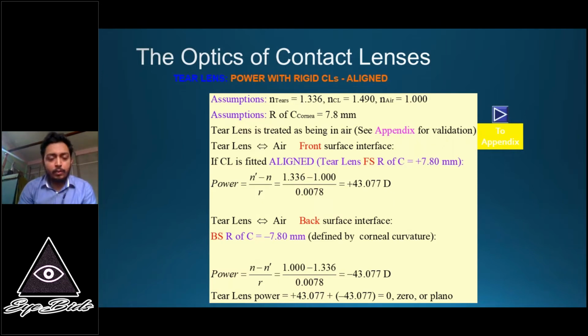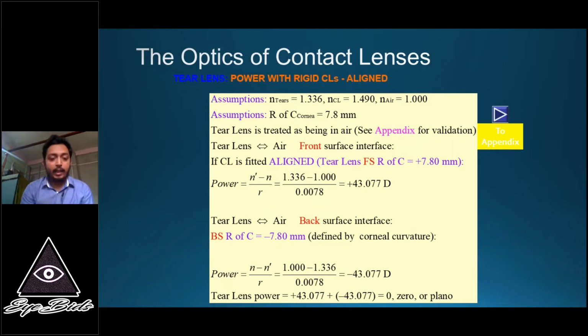Fine. Why are we writing it like this? Because of how we write it: when we draw the ray diagram, the light is coming from left to right. So what we do is take where the light is going minus where the light is coming from.